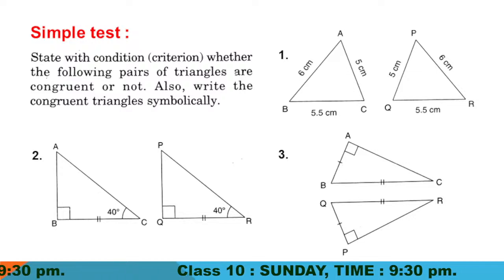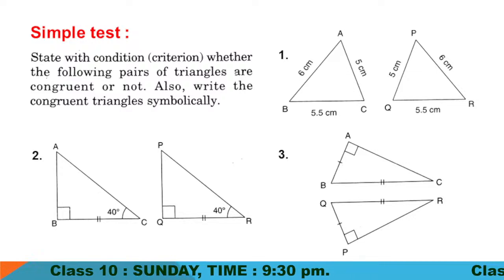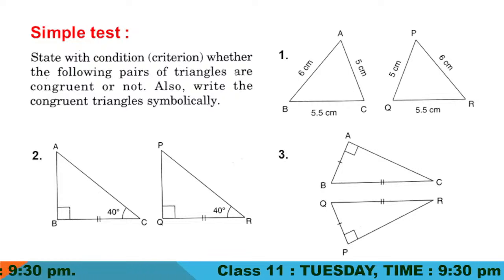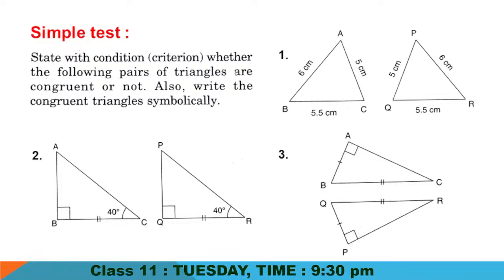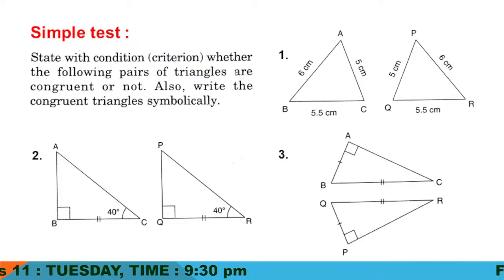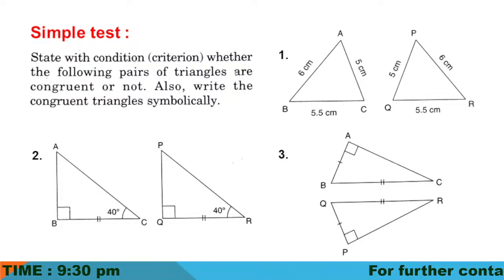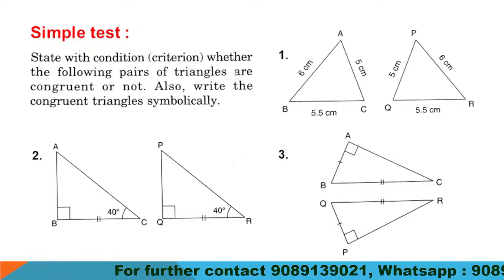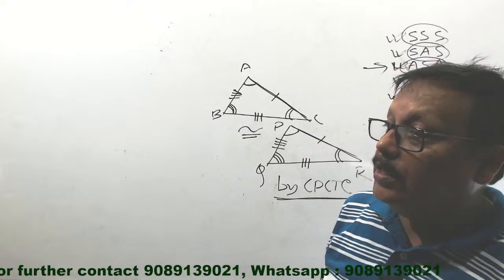Okay, what we learned, by seeing the figures, tell me: state with conditions the criterion whether the following pairs of triangles are congruent or not. Also write the congruent triangles symbolically. Understood?